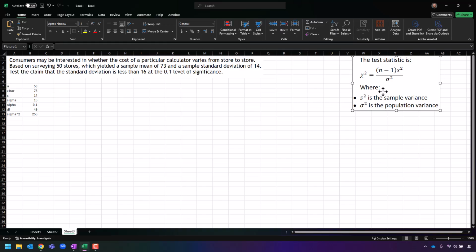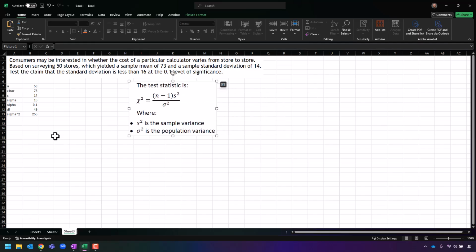And I have that formula over here. This is our chi-squared test statistic. It's really the degrees of freedom times s squared, divided by sigma squared, which we happen to have here, or we can do this and square it there.